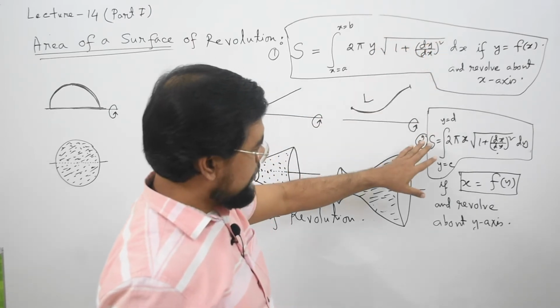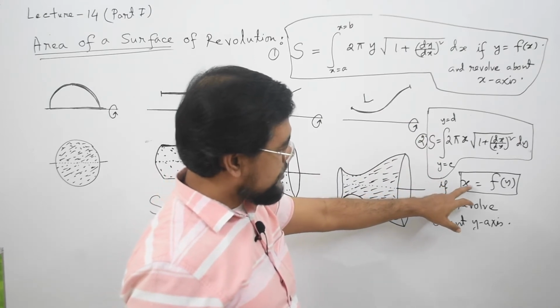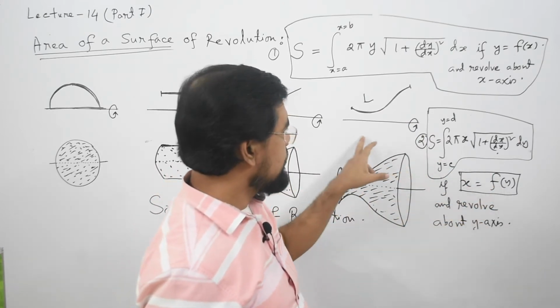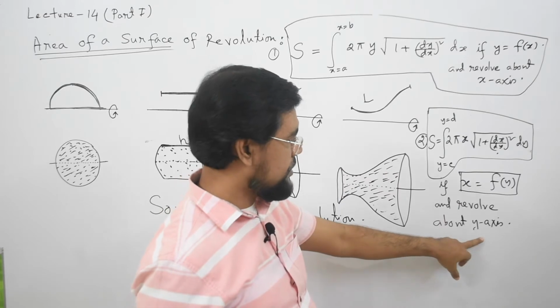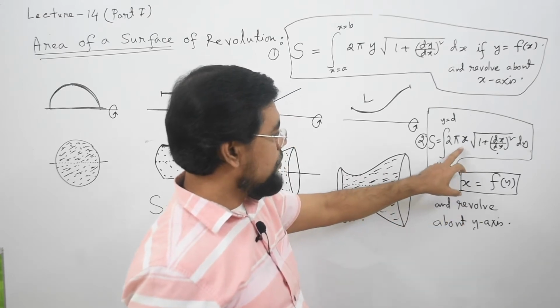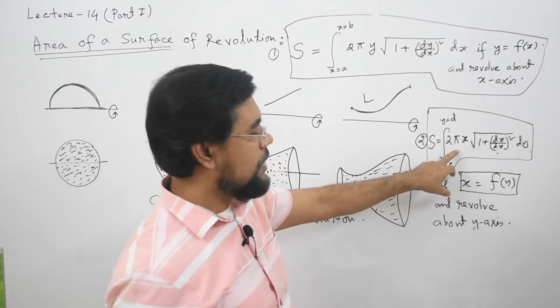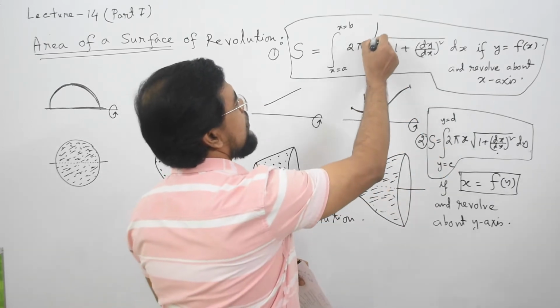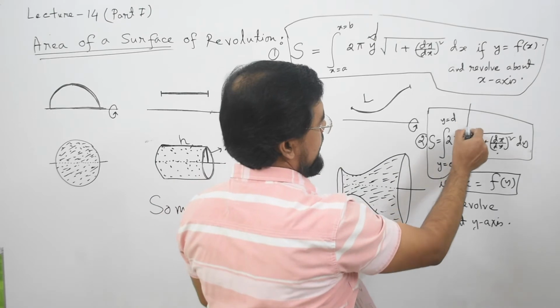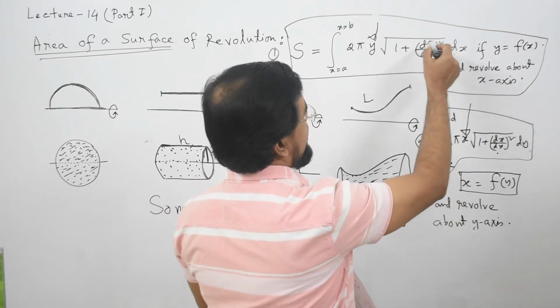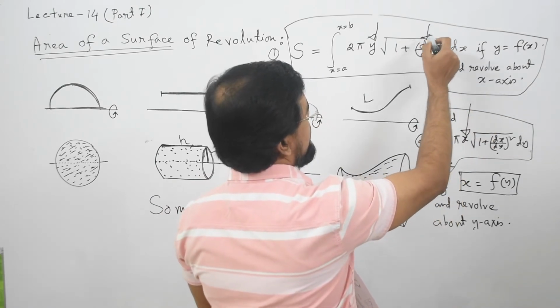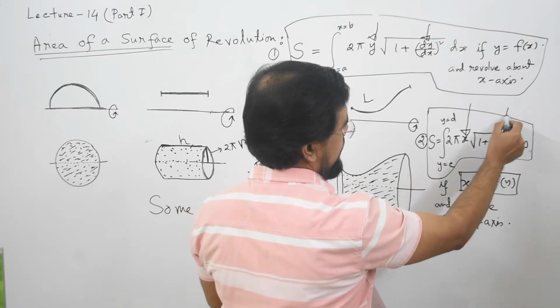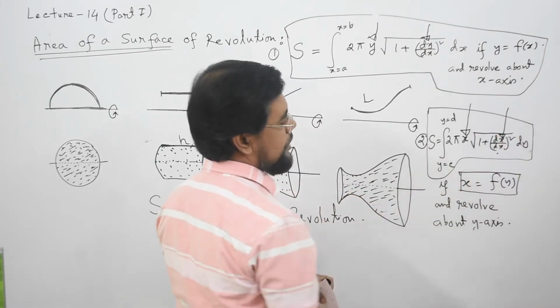However, if your curve is x in terms of y, and you revolve about the y-axis, then your formula will be the second one. In this case, instead of y you write x, and instead of dy/dx, you use dx/dy.